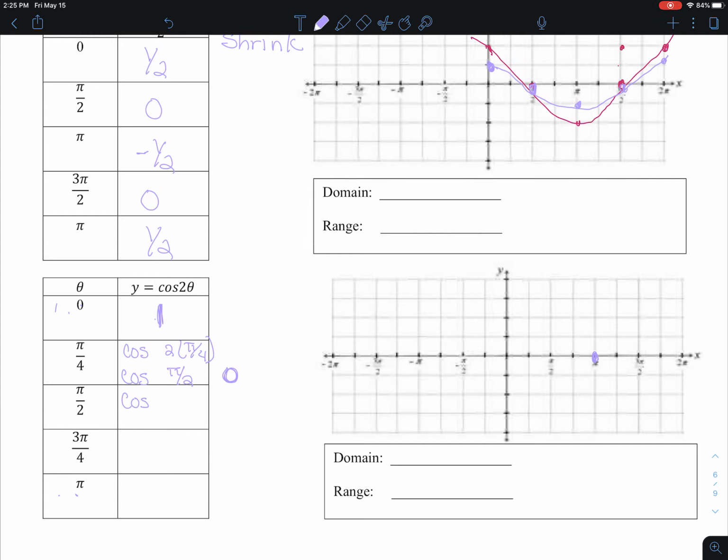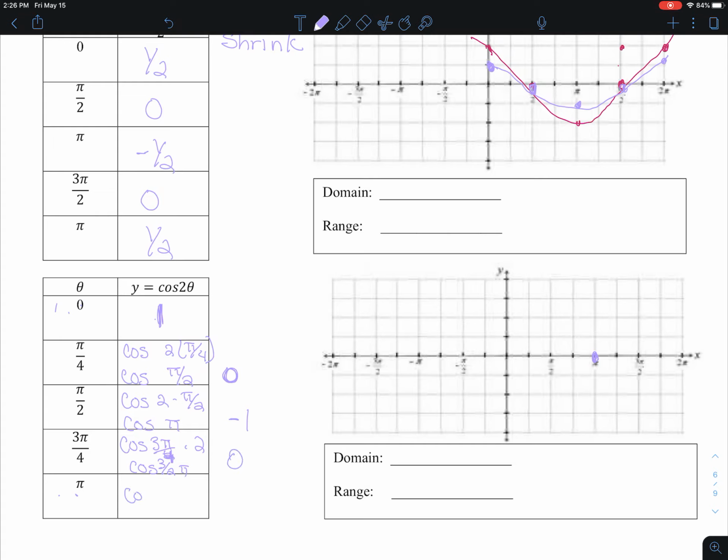This is cosine of 2 times pi over 2, which is the same as saying the cosine of pi, which is negative 1. The cosine of 3 pi over 4 times 2 is the cosine of 3/2 pi, which is 0.